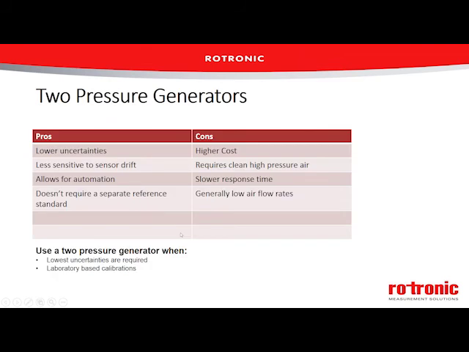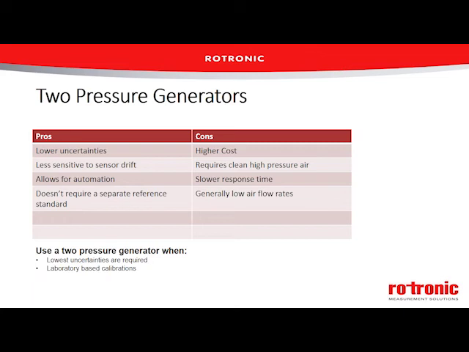They're very accurate, but the pros and cons are that they're very expensive. So other positive aspects of a two-pressure generator, you can get very low uncertainties for your relative humidity. They are not sensitive to sensor drift because they're relying on pressure and temperature measurements.